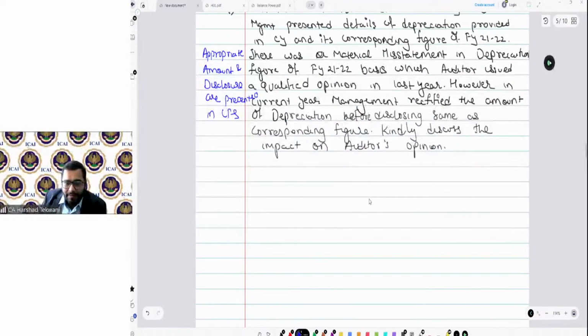If that is the case, that is of significant importance with respect to this number, and I could say that the amount has been disclosed appropriately. Then can I include this detail in an emphasis of matter paragraph? So it's of such importance. Just a minute.